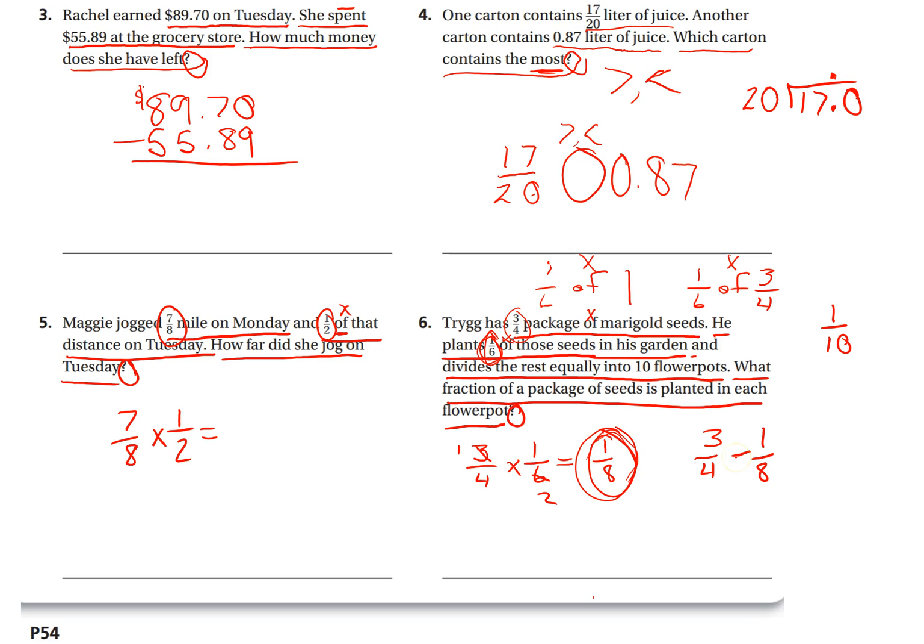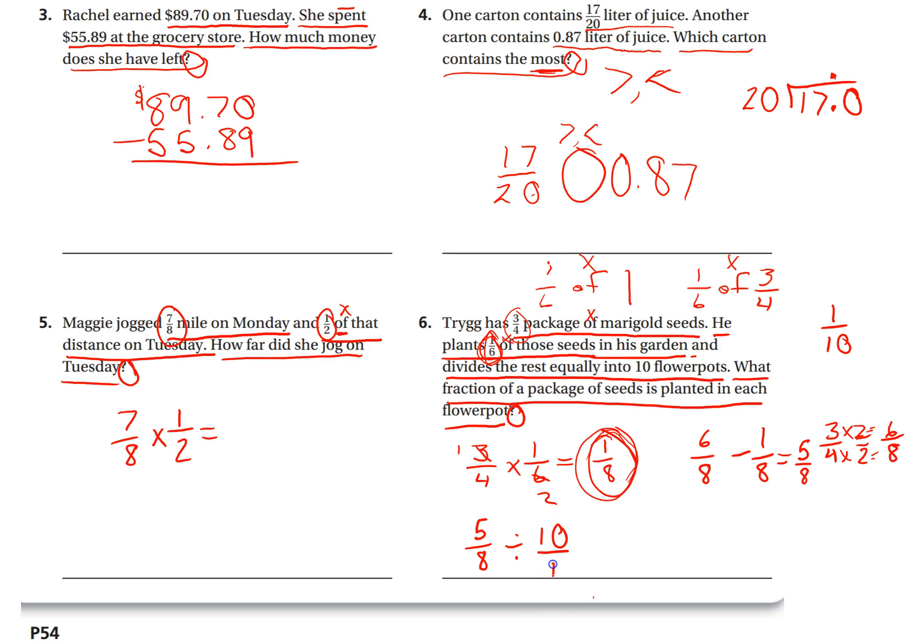So to subtract these, I have to change them both to eighths. So 3/4, if I want to change it to a fraction that's equivalent, has a denominator of 8, I have to multiply the numerator and the denominator by 2. So 3/4 is equivalent to 6/8, and then I subtracted that and got 5/8. So he ended up with 5/8 package of marigold seeds, and then he divided that amongst the 10 flower pots.